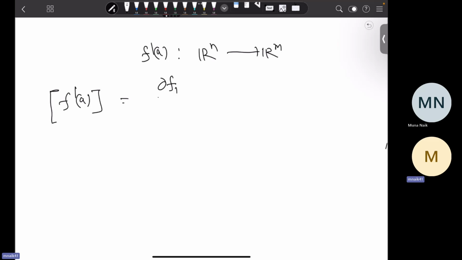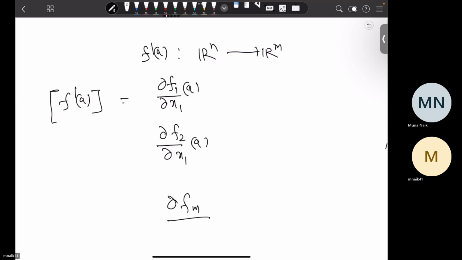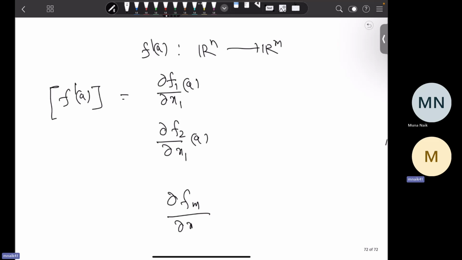The first column will be del F1 by del X1A, then del F2 by del X1A, down to del Fm by del X1A.